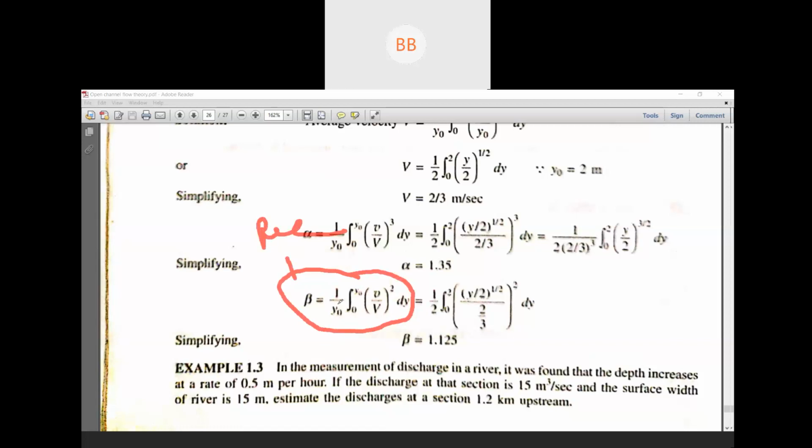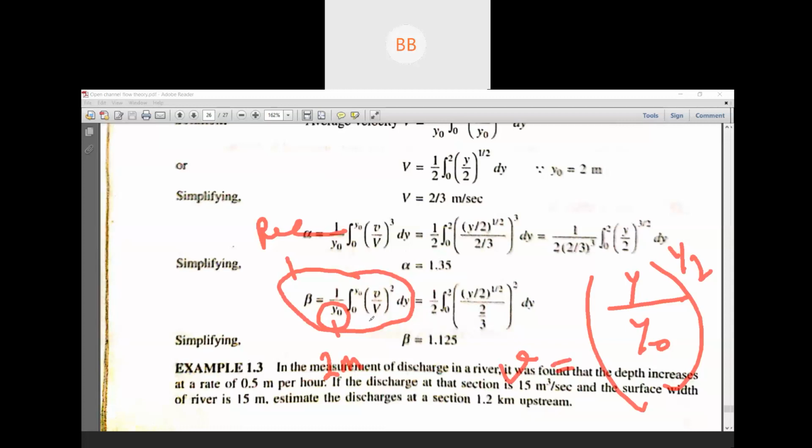Similarly here also, in place of y naught, we are going to substitute 2 meter, and in place of small v, we are going to substitute y by y naught to the power half. And in place of capital V, we are going to substitute 2 by 3 that we have already calculated.